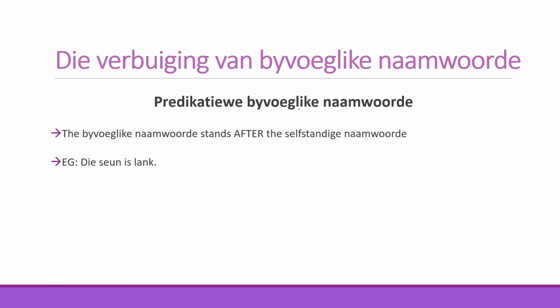The predicative byvoeglike naamwoord is the one that stands after. Alright, so die seun is lank. It's still a byvoeglike naamwoord, but you see there's a verbuiging of the naamwoord. So if your naamwoord is before, it would look like lang meisie. But if it's after the selfstandige naamwoord, we won't say die seun is lang, we'll say die seun is lank.